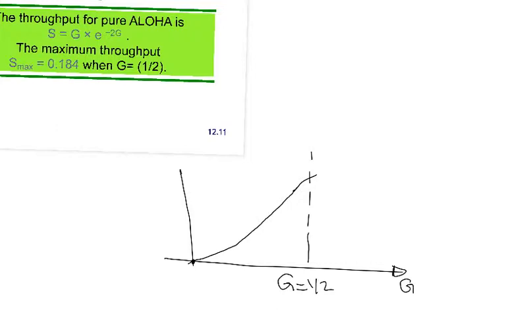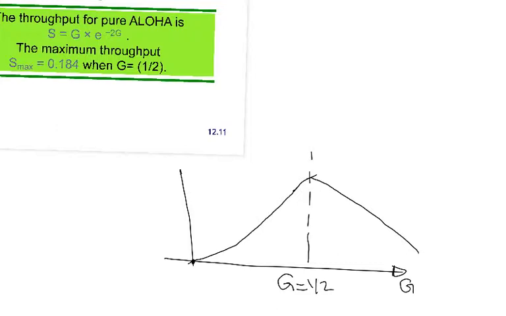After that, we will reach the maximum throughput. After this, when g is more than half, the system will start to decay, which indicates that after the value of g equal to half, the system will start to decay in terms of throughput. So the throughput will decrease, not increase.